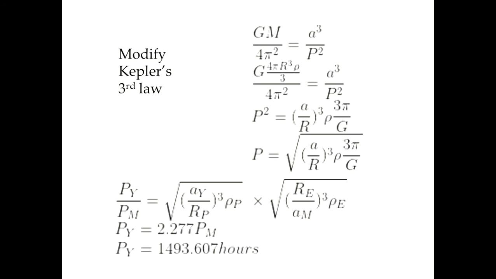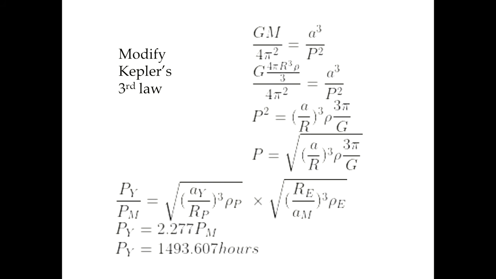Now we have to compare that period with the period of the Moon, because that's the one that we know, and we find that the period of the other planet's moon is 1493.607 hours.